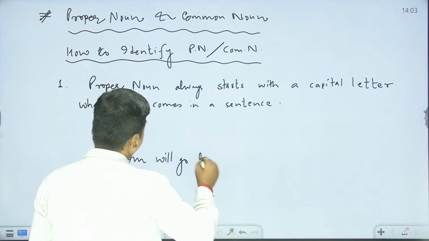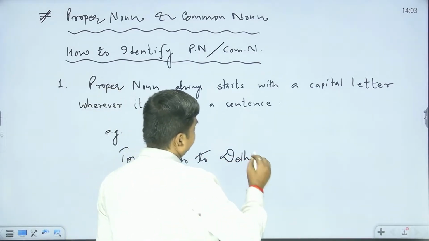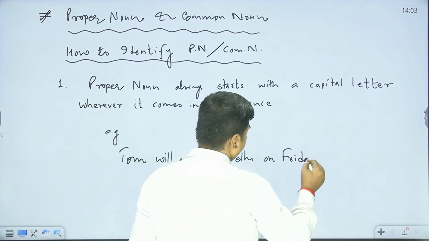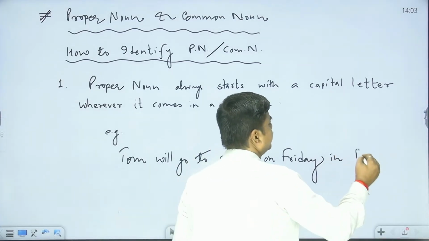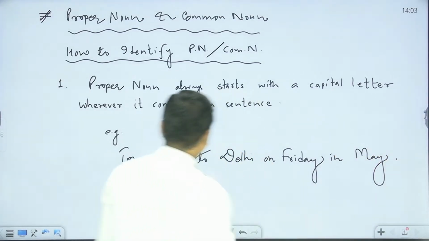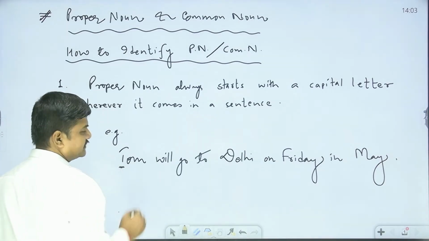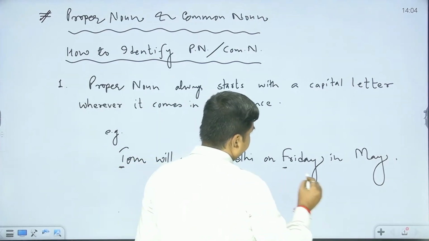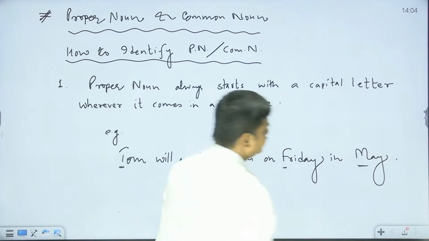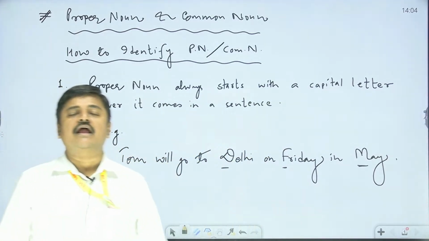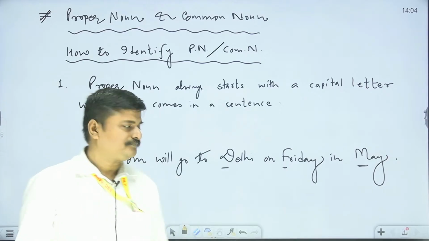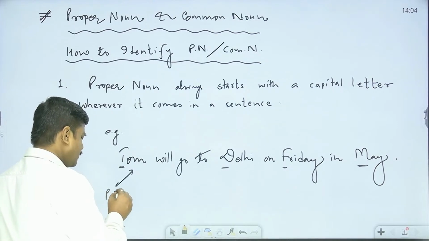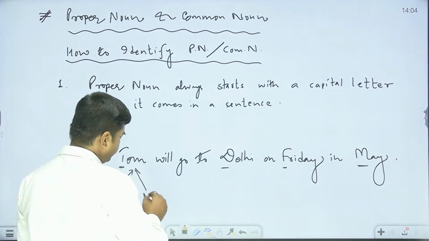Like, Tom will go to Delhi on Friday in May. Now you have to write Tom with a capital letter, Delhi starting with a capital letter, Friday starting with capital F, and May with capital M. This is a proper noun, the name of a person.